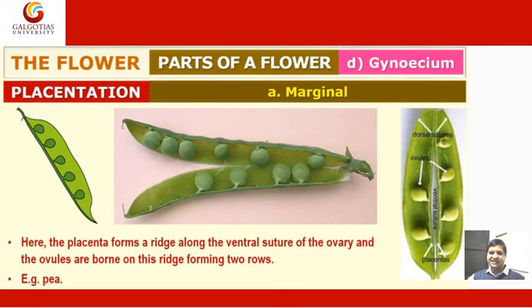First, we will discuss marginal. The placenta forms a ridge along the ventral surface of the ovary and the ovules are borne on this ridge forming two rows. It is found in peas. If you see the pea, then you understand.